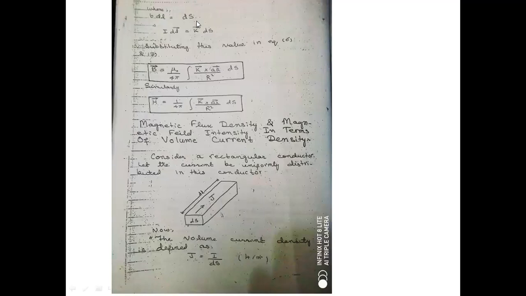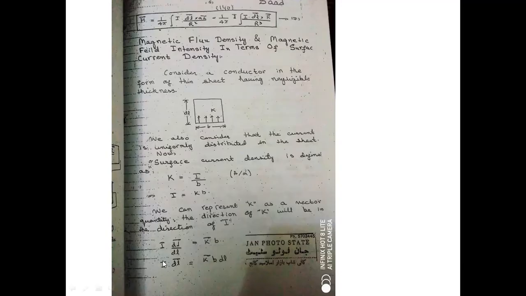So using this expression, I dl is equal to K ds, because b and dl together make a surface. So for the small portion we can write ds.